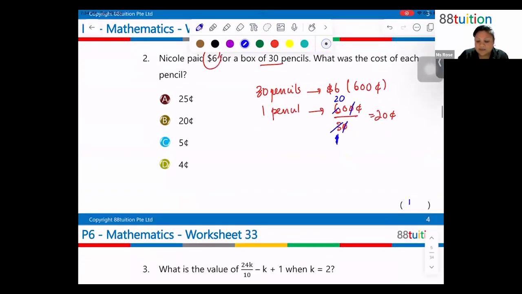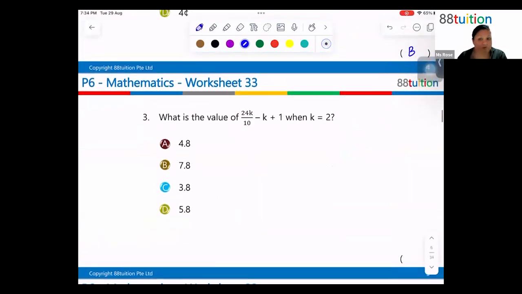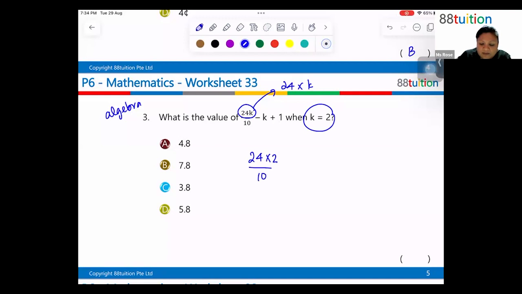Question 3, 20 cents. So that's part B. Question 3. Now, this question is your algebra question. So 24K means 24 times K. All right, so if K equals to 2, that means it's 24 times 2 over 10 minus 2 plus 1.